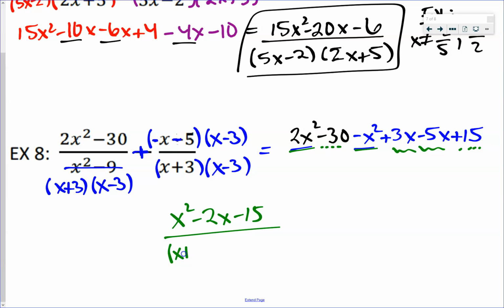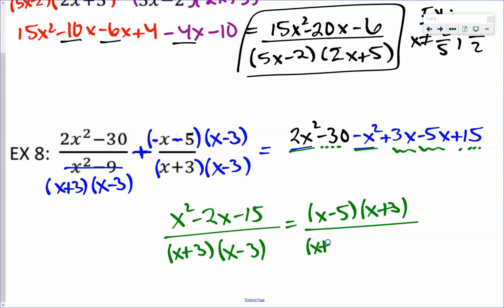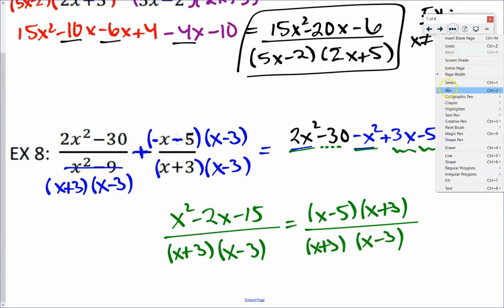So we are left with x minus 5 over x minus 3. And my excluded values for this problem come from my denominator, so x cannot be negative 3 or positive 3.